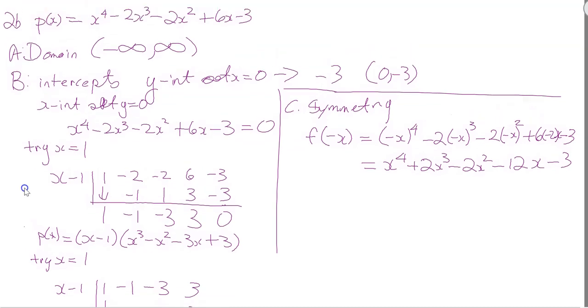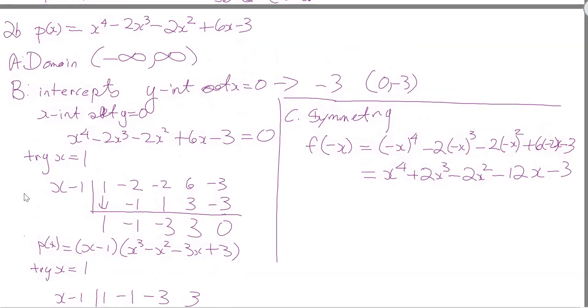Oops, come on. Right, we got a 12x now. Wait, where did I do that? Sorry. That's minus 6. Hold on, plus 6 times negative x minus 3. Okay, so minus 6x minus 3. All right, so it's not the negative of something, right? So no symmetry.